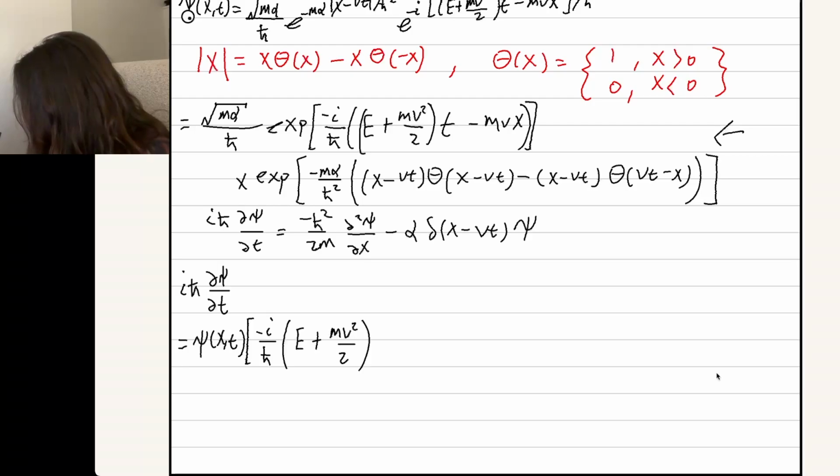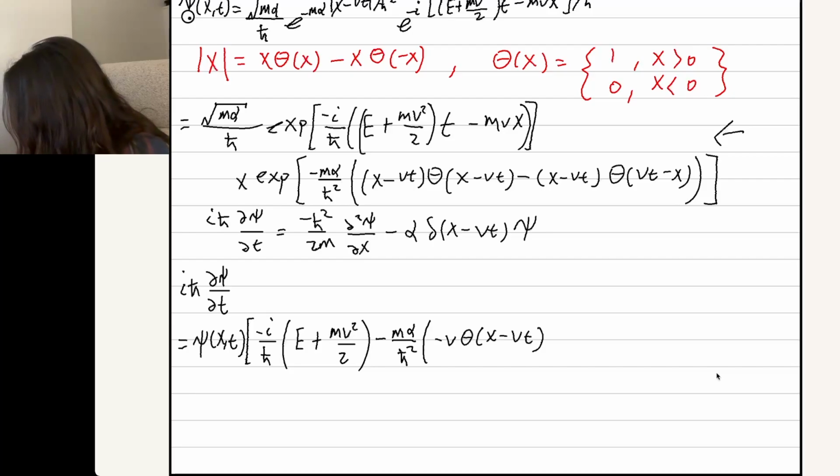That's the only term that gets saved there. But then also all of the time derivatives of this stuff: minus m alpha over h bar squared, and then minus v times theta of x minus vt plus v times theta of vt minus x.